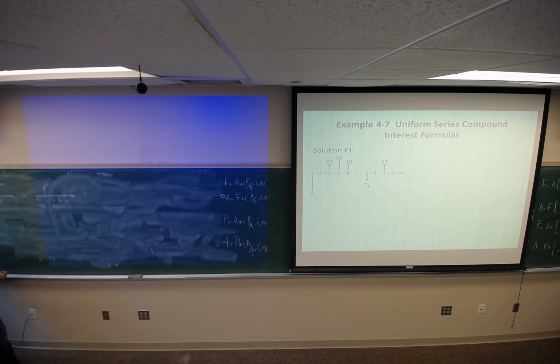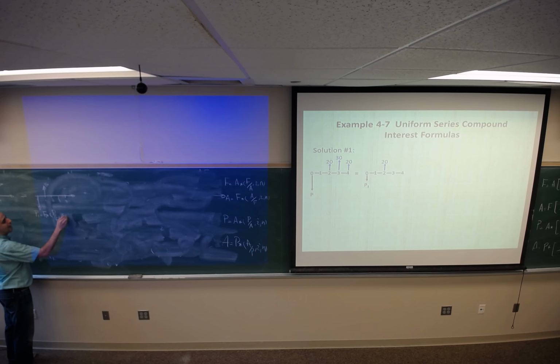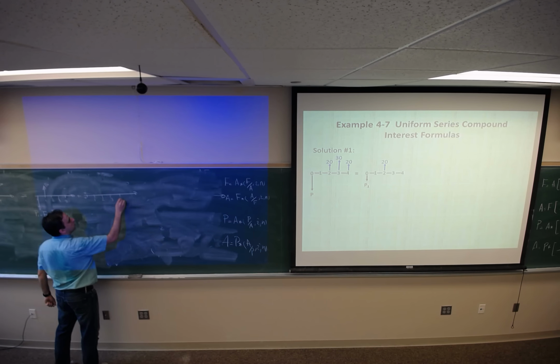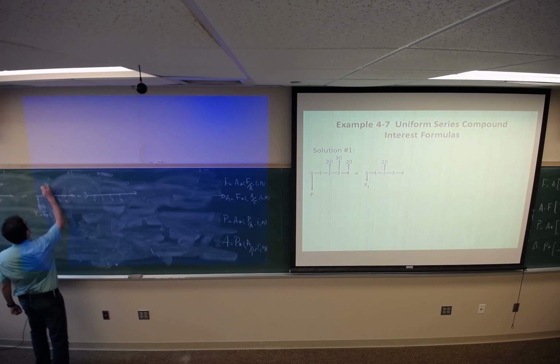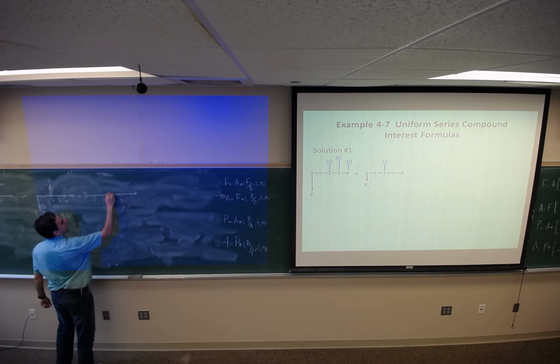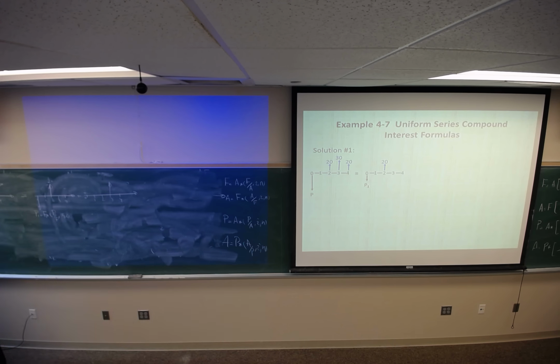$20. What would be its present value? You can find present value of this by future value, which is 20, times P over F, I is 15% and N is 1, plus 0, 1, 2, 3, 4. The second, sorry, it occurred at year 2. Second, it occurred at year 3, which is $30.